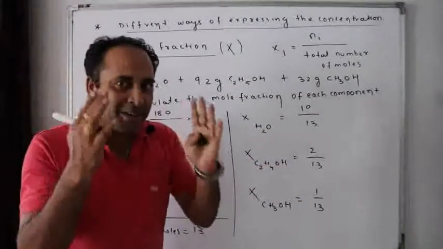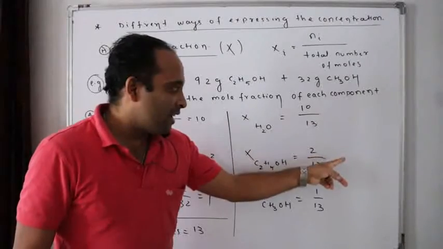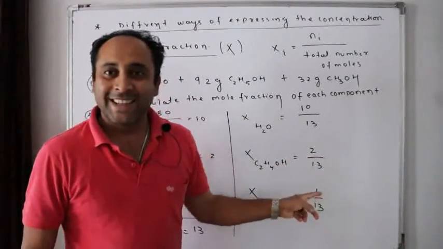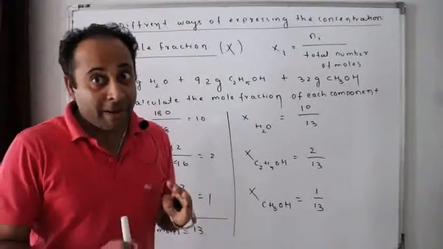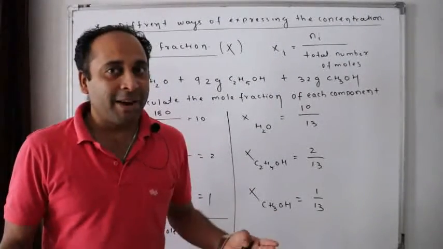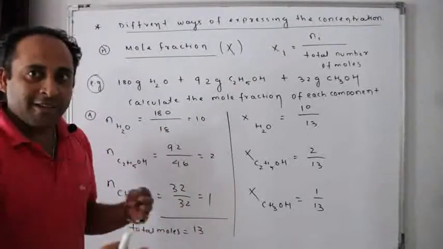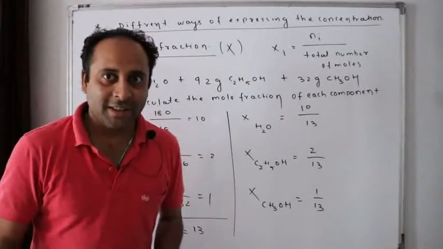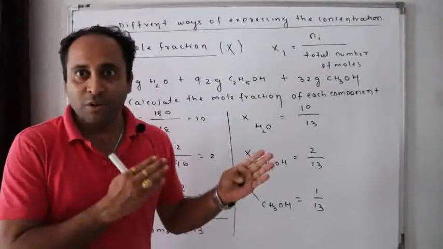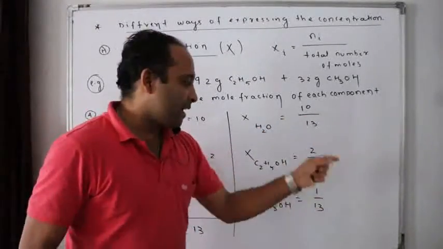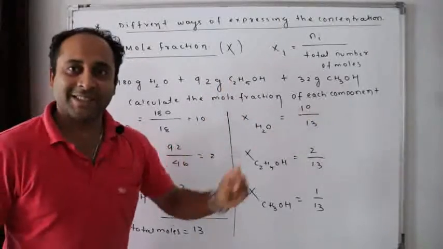Do you understand one concept? If I multiply this with 100, 100, 100, what will I get? Mole percentage. I calculated mole fraction, but if I multiply with 100, I'll get mole percentage. Just for information I said this, because I'll give you some interconversion questions, which are very new to this JEE questions.